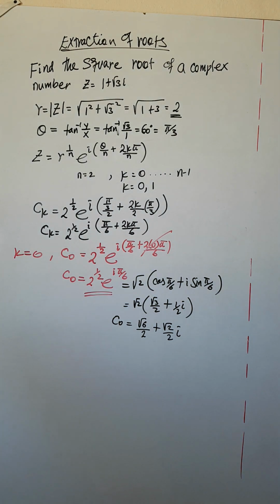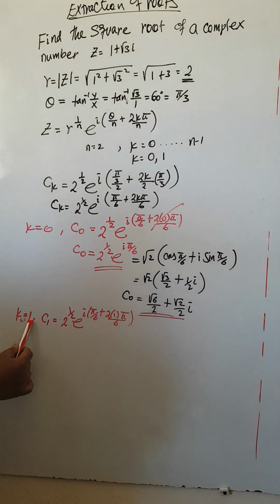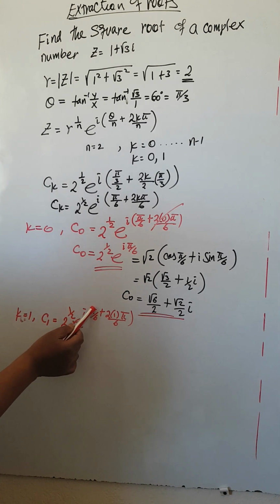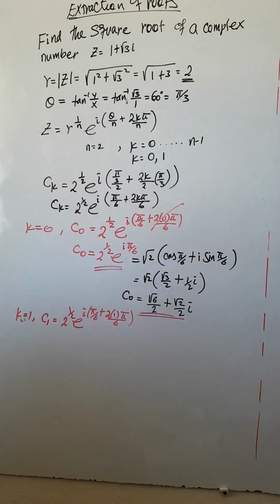The second case is when k is equal to 1. Then the root c1 is equal to 2 to the power of 1 over 2 times e to the power of i times pi over 6 plus 2 times 1 times pi divided by 6.